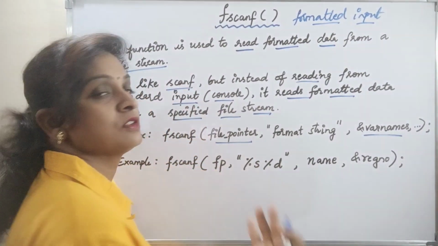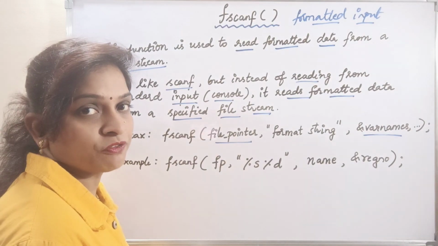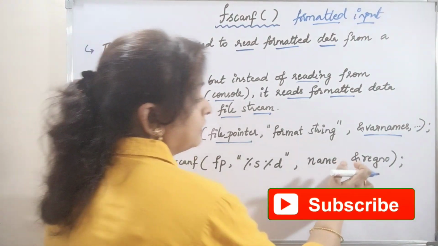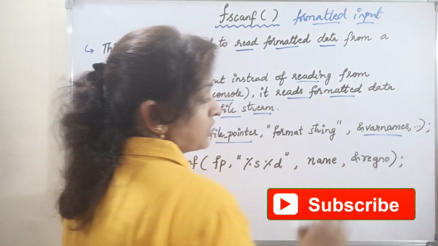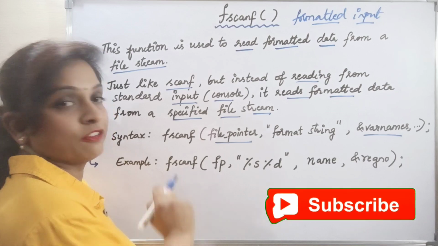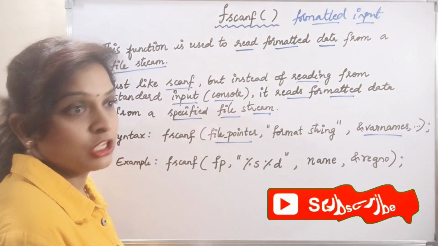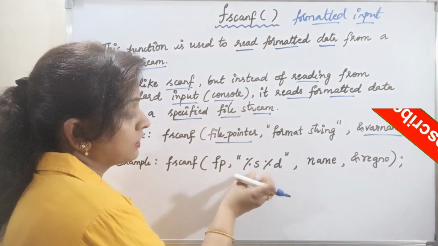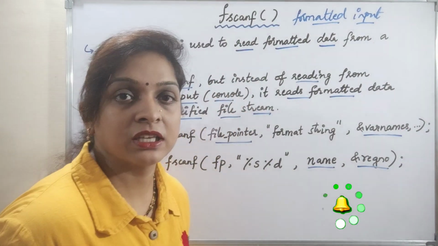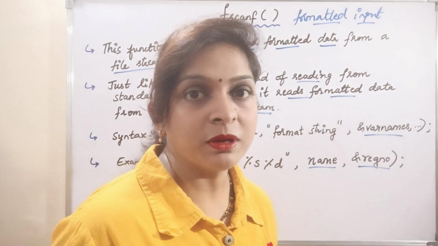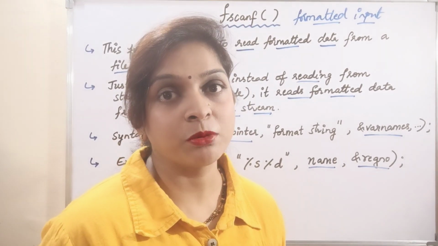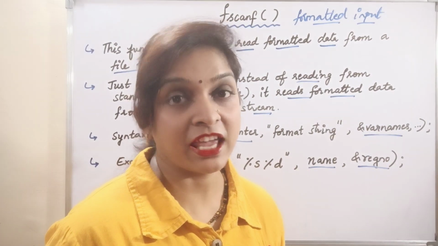For a string, the array name will give you the complete data. Then scan the register number, ampersand of register number, from the file pointed to by the file pointer fp. So I scan the value and store it into these variables, and then I can print that with normal printf to the console. Let us see a complete program of this with execution.